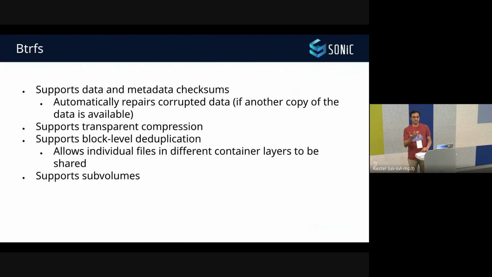So with this, in the case of having duplicate data between the host and one of the containers, or even different container layers, those files can then be effectively shared on the disk. There's no cost of duplicate files here.